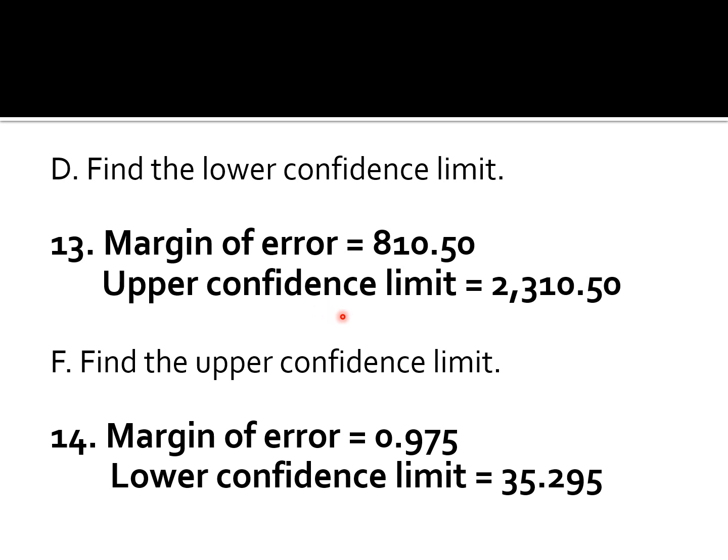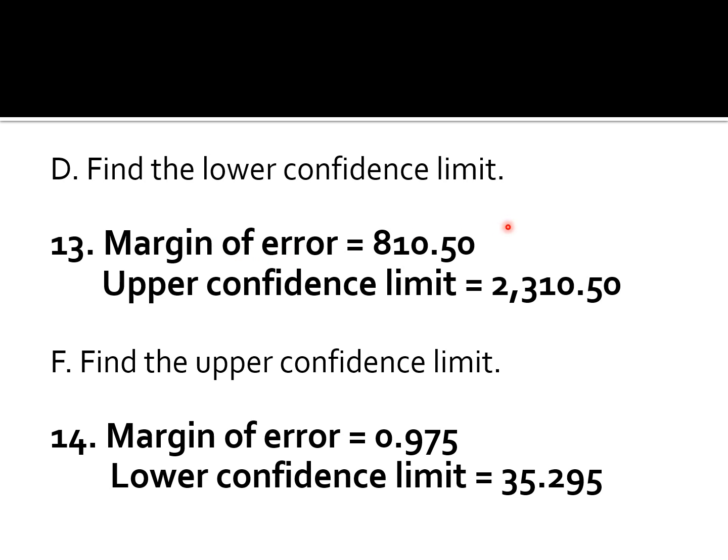Ayan, so manipulate nyo lang yung formula, then mahanap nyo na yung sample mean natin. Hanapin kasi muna si sample mean dito. And then, saka natin isusubtract yung margin of error to find for the lower confidence limit. Ganun lang, mamanipulate lang natin yung ating formula.